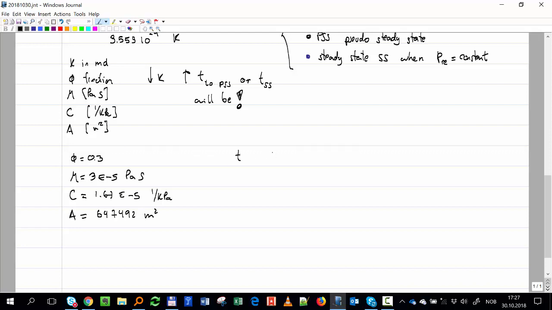I have permeabilities of 10,000, this is in millidarcies, then 1,000, then 100, then 10, then 1, then 0.1, 0.01. When I go in this direction, the time to steady state is going to increase.